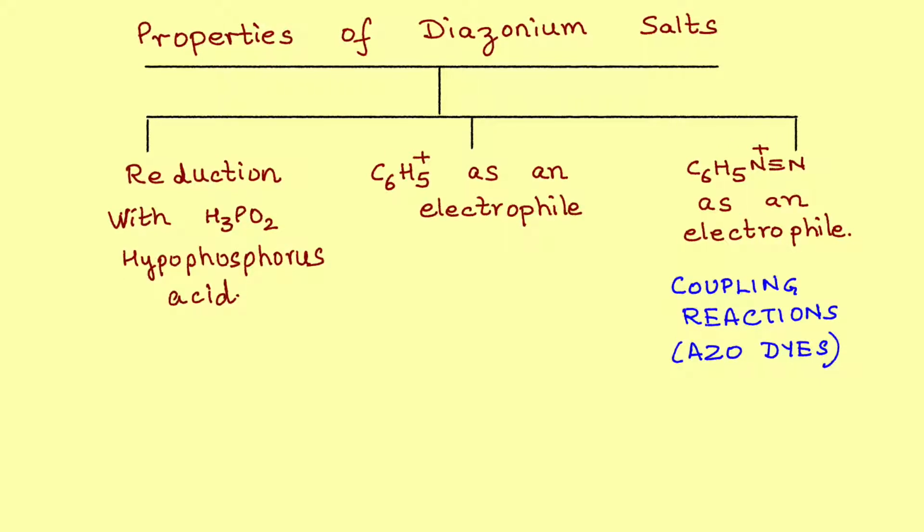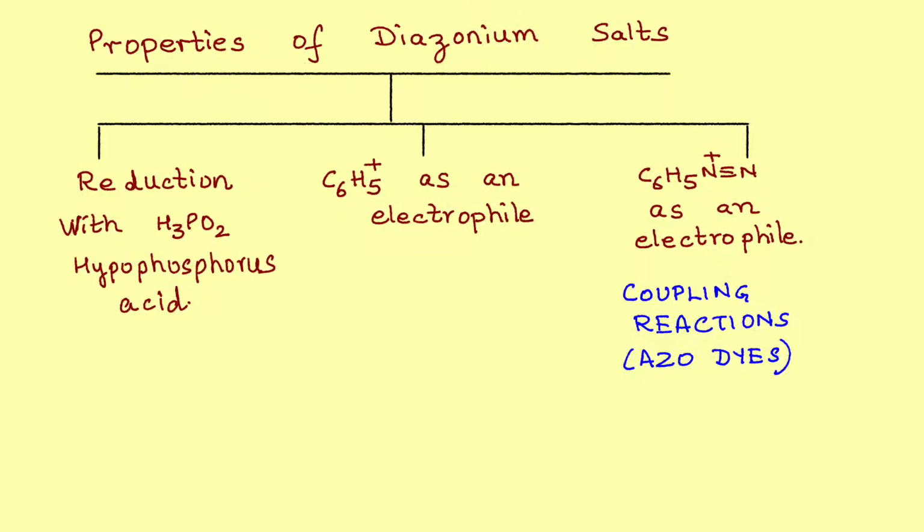The other is where the C6H5 positive, the phenyl group, acts as an electrophile. The third category of reactions is where the C6H5N positive triple bond N, that is the diazonium ion as a whole, acts as an electrophile.